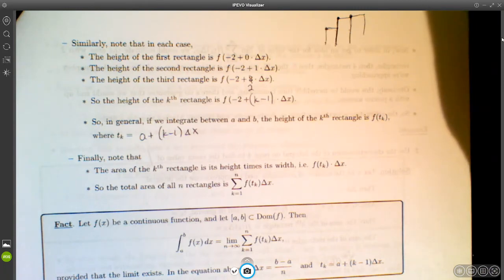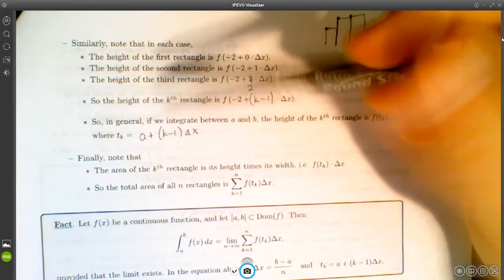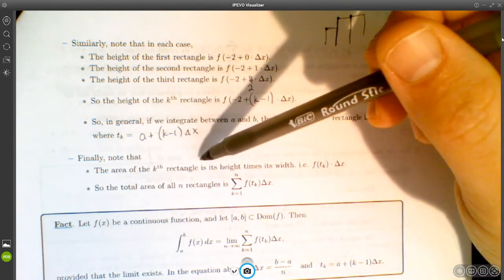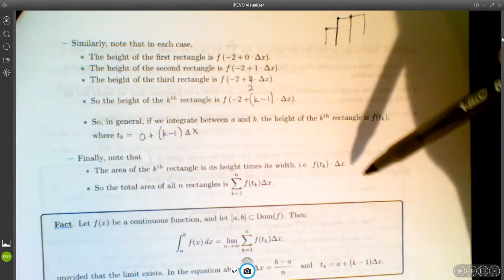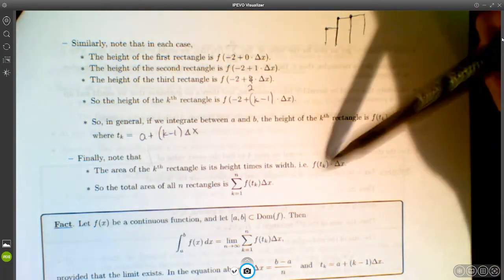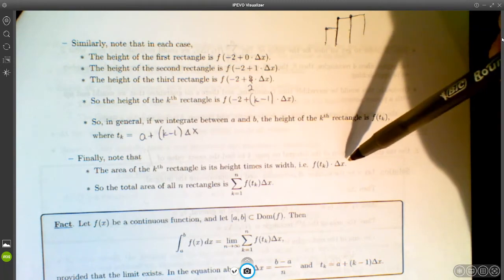Finally, note that the area of the kth rectangle is the height times the width. In other words, it's f of t sub k, the height, times the width, delta x.